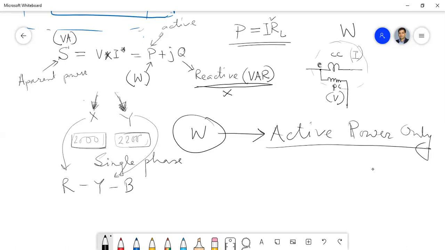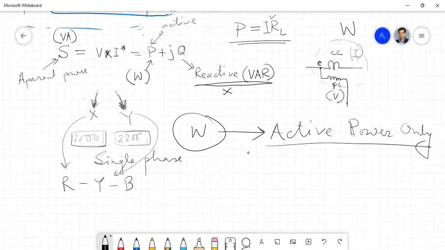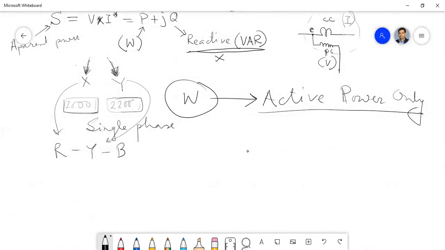They charge a penalty. By power factor you mean cos theta. Power factor means cos phi.